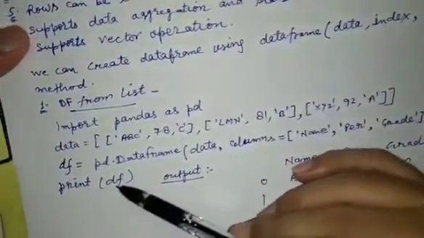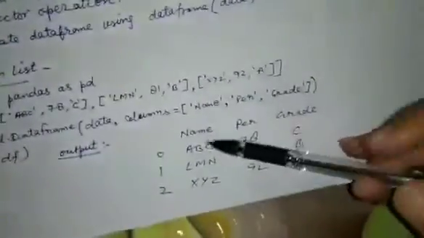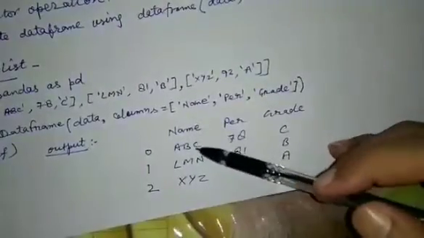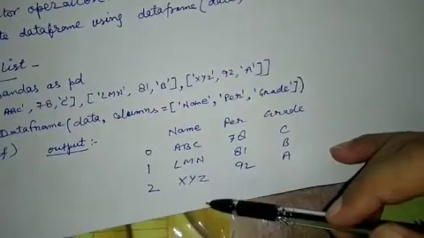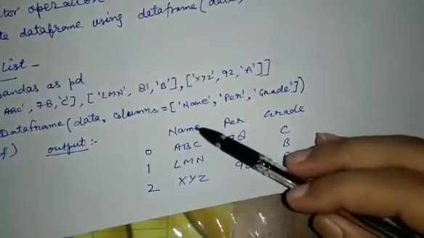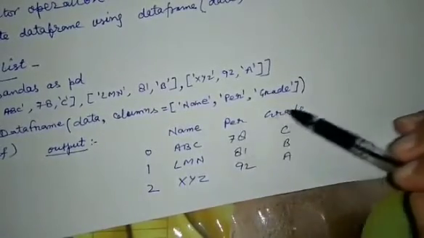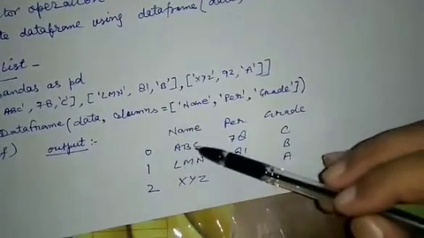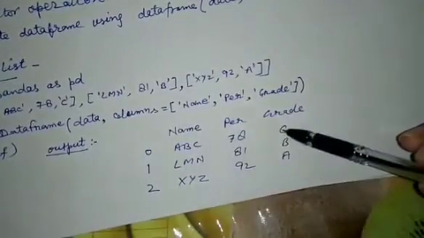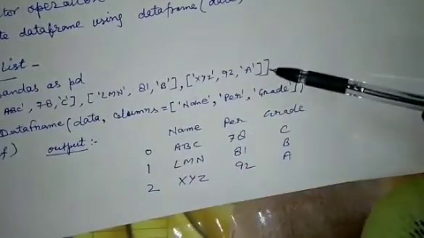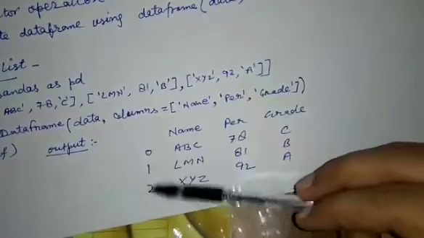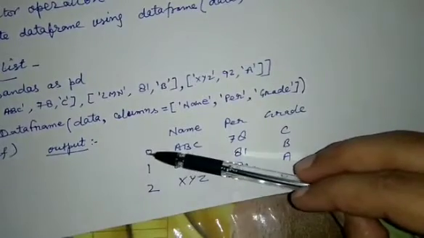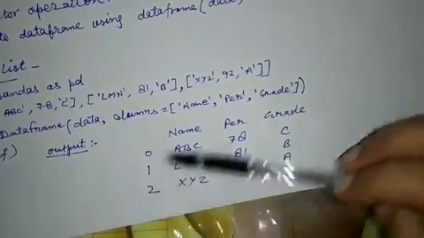If you print this data frame, then you will get the following output. So this is the name, PER and grade as we defined in the columns argument. These are the rows, the first, second and third elements of the list, and 0, 1, 2 are the default indexes assigned to the rows.